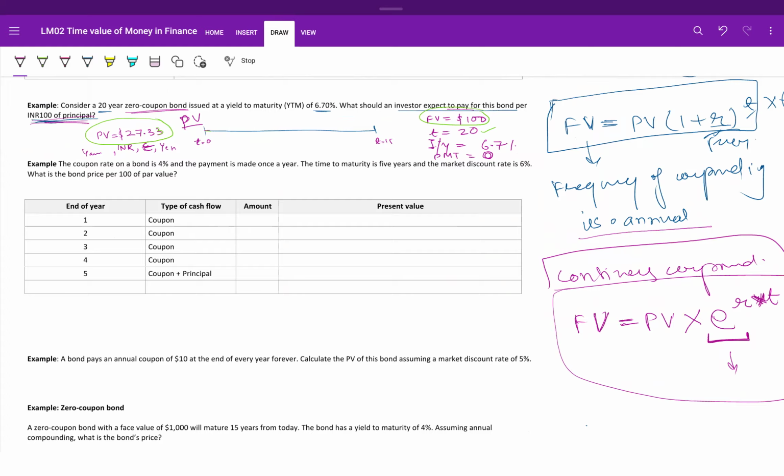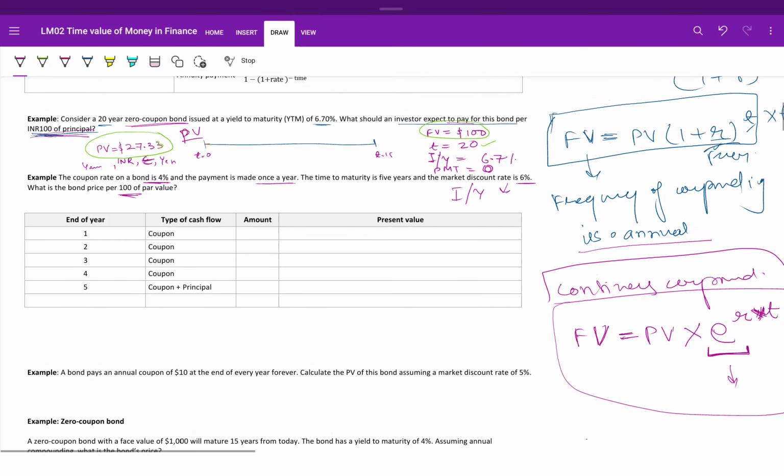The coupon rate of a bond is 4%, and the payment is made once a year. The frequency is annual. Time to maturity is 5 years, and the market discount rate is 6%. This is your I/Y, interest yield, 6%. What is the bond price per $100 of par value?